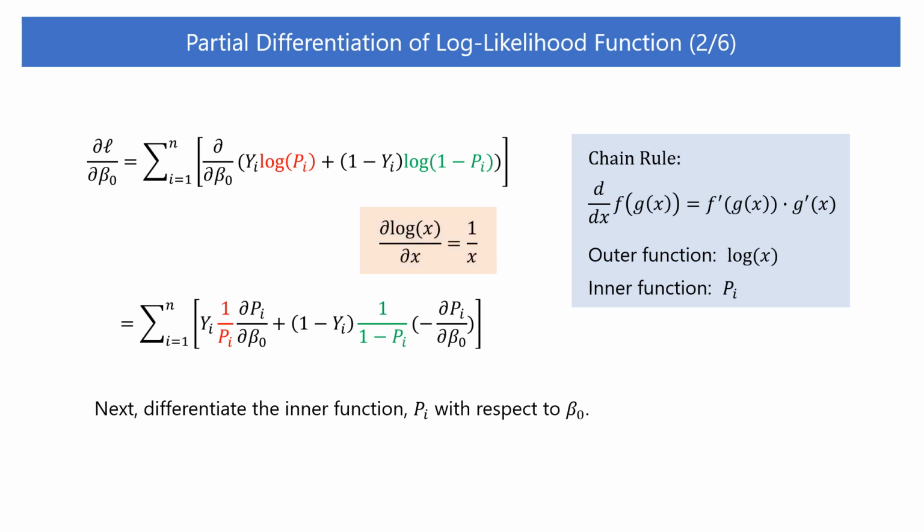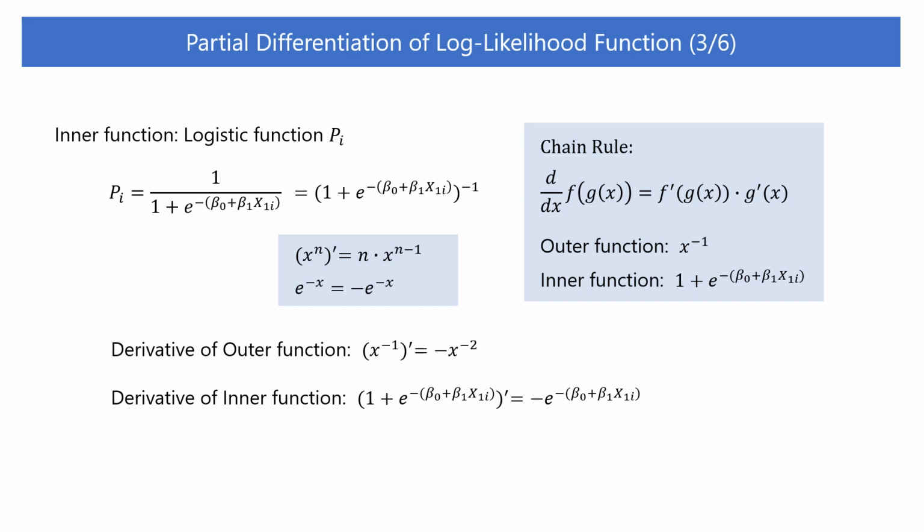The derivative of the logarithmic function is this fraction. Thus, by applying the derivative of the logarithmic function, we can transform the equation in this way. Next, we differentiate the inner function, pi, with respect to beta 0.